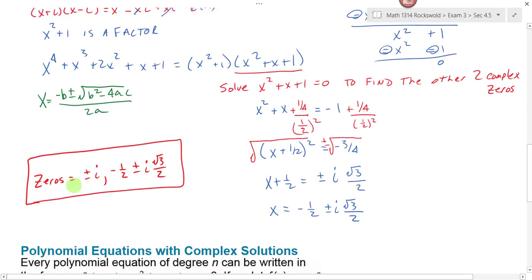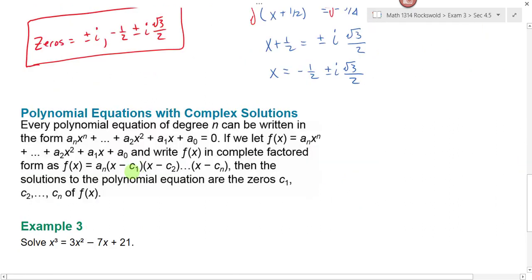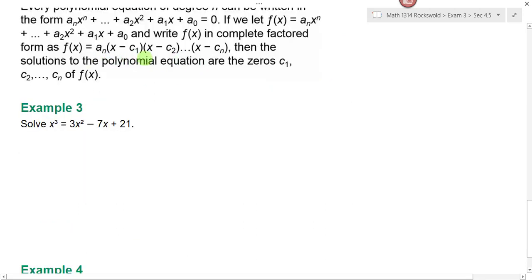Now I could take these zeros and write them out as factors, and I could write my polynomial as a product of linear factors, where, depending on what my leading coefficient is, I may have a constant out front. I didn't ask you to write your complex roots out as factors, but I could have.